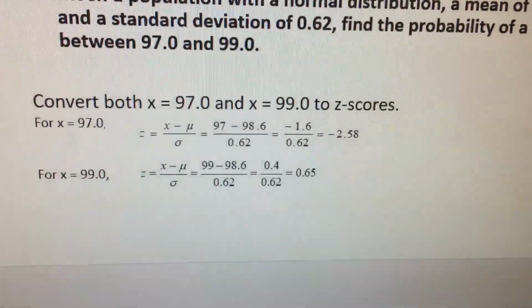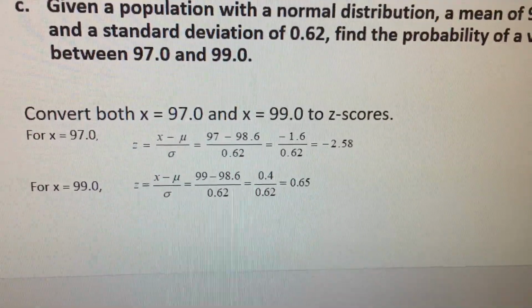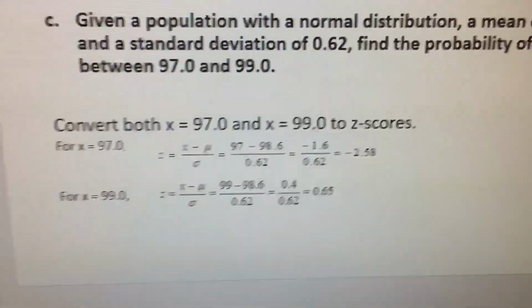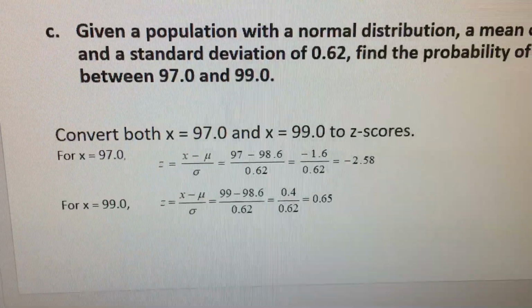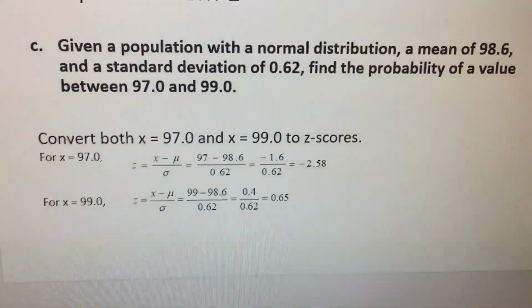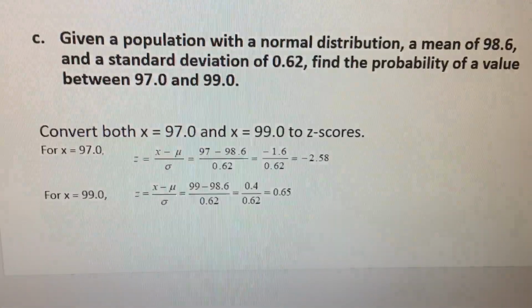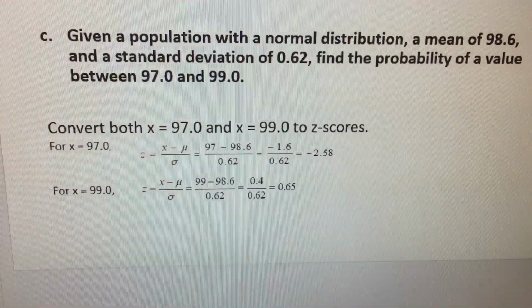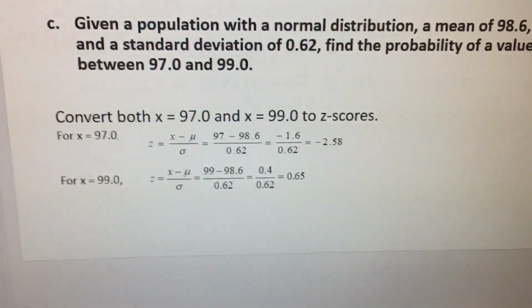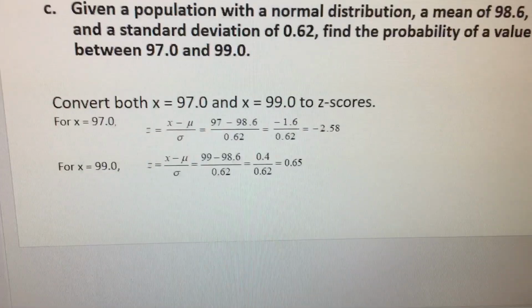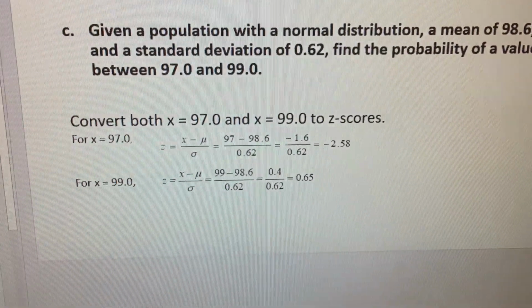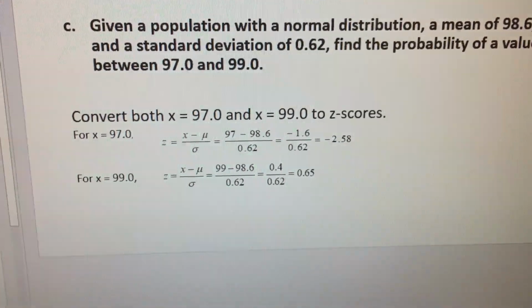So for x equal 97, we're going to be using z is equal to x minus mu divided by sigma. Here your x is going to be 97 minus the mu, which is the mean of 98.6, divided by the standard deviation of 0.62. Well, 97 minus 98.6 will be negative 1.6, and negative 1.6 divided by 0.62 to 2 decimal places will be negative 2.58.